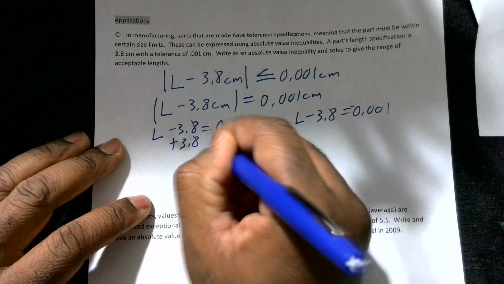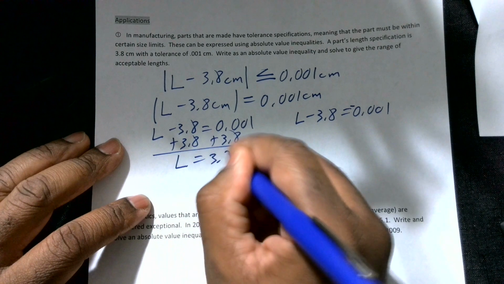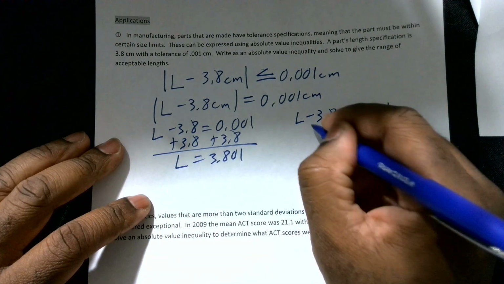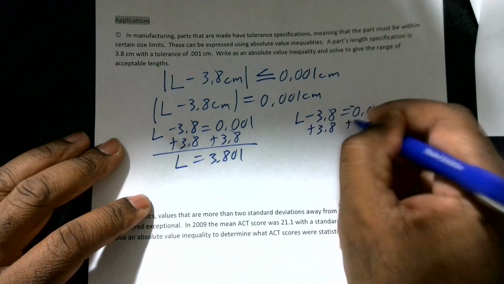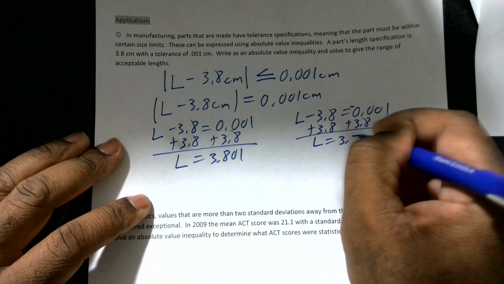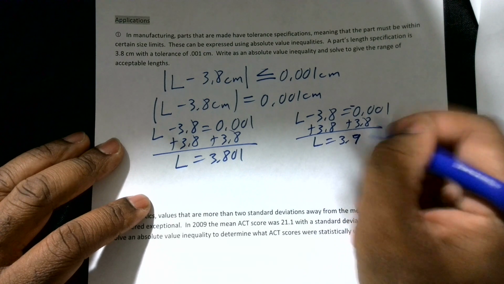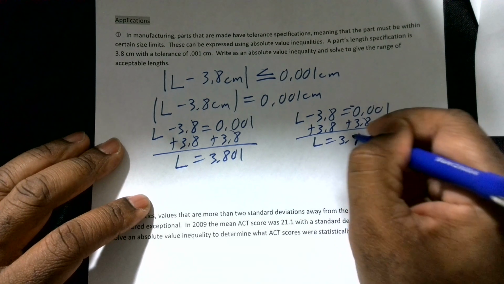We will add 3.8 to both sides, and L is equal to 3.801. Add 3.8 to both sides, and L is equal to 3.799.